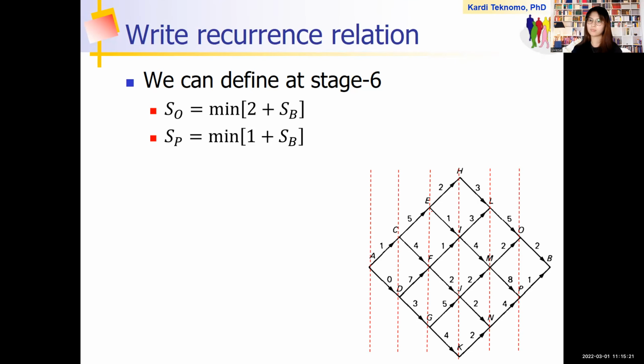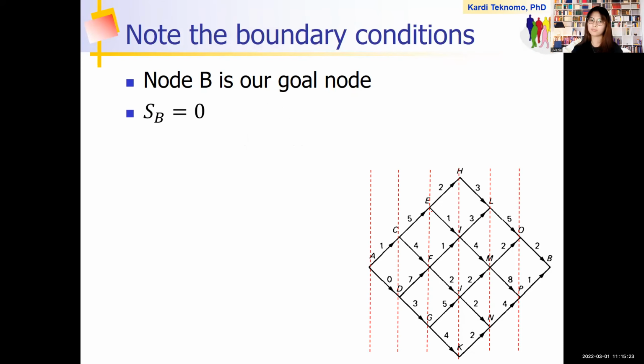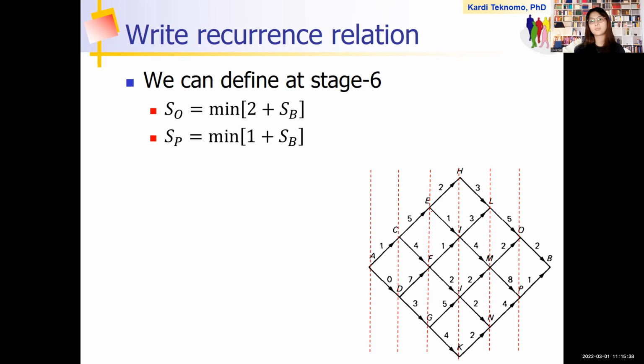Correct, because this is the goal node, so there is no other. SP is already zero, right? So what to do? We already know SP is zero. And then you go back here. Can I calculate SO and SP?